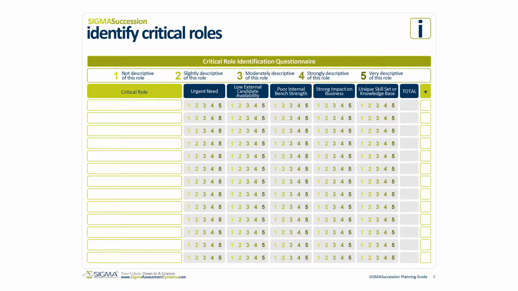And finally, every organization has someone with a relatively unique skill set that may be very unique to not only the industry, but the organization. So understand if you have one of those individuals at the organization, and those people tend to be very difficult to replace.